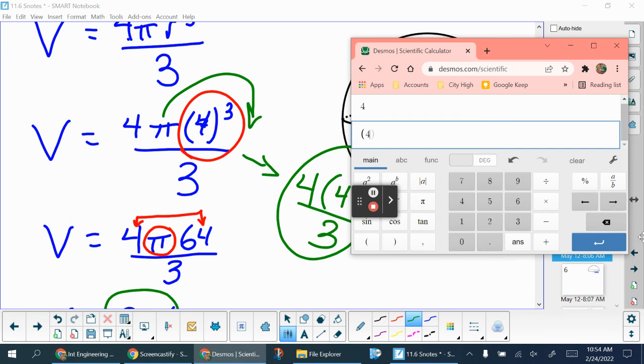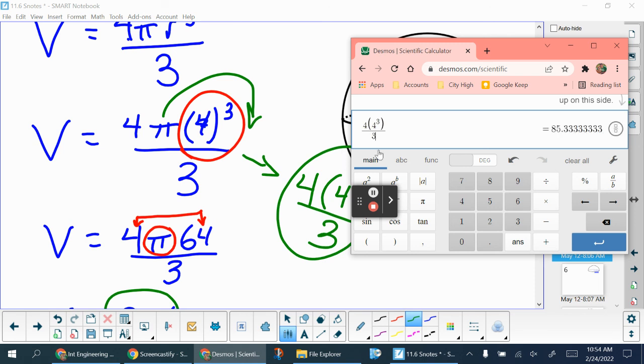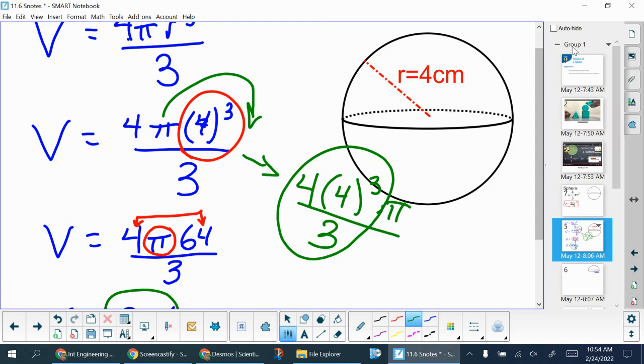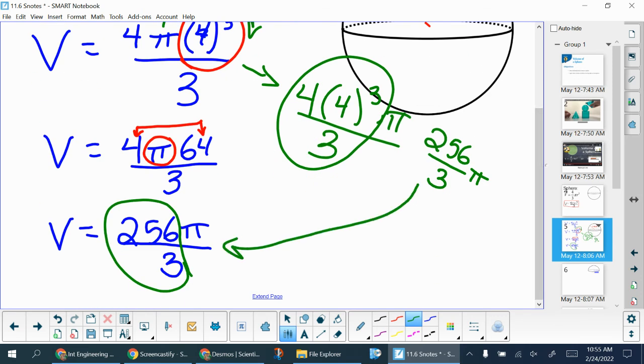Sorry, so here we go. 4 times 4 to the third, and then all of that's being divided by 3, and it tells me 85.33, but a fraction, 256 thirds. And so I could write that as 256 thirds pi, or I could write it exactly the same way I did here, with the pi in the numerator along with the 256. That's fine too.